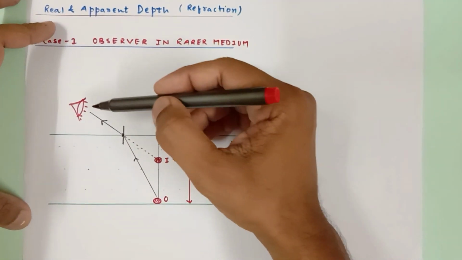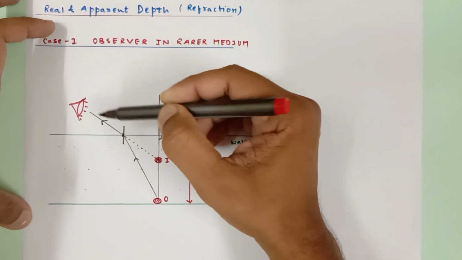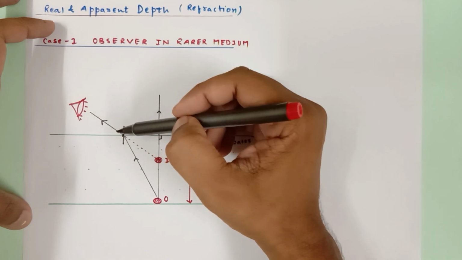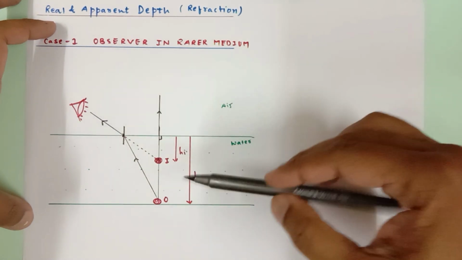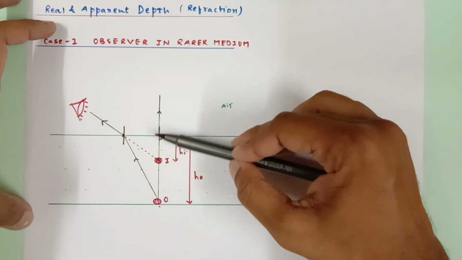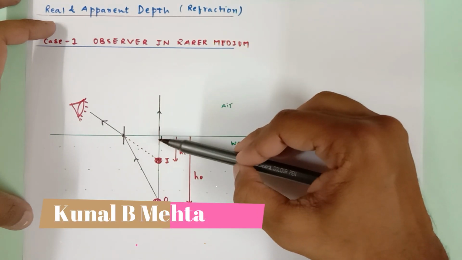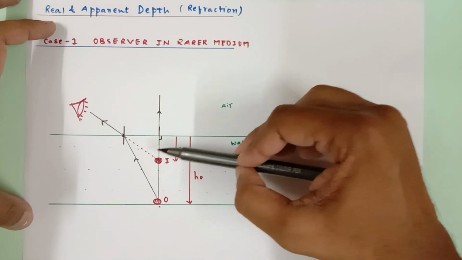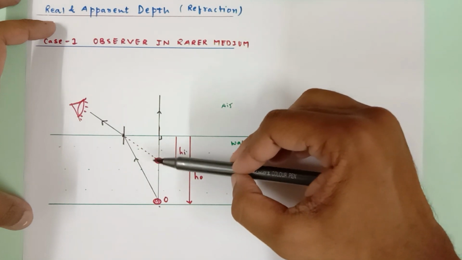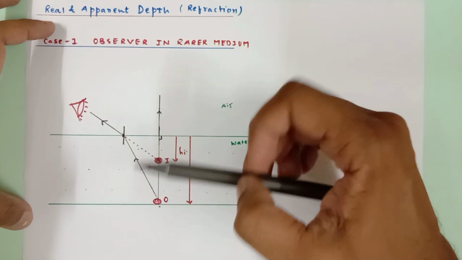Our eye and brain don't understand that this ray is actually a refracted ray coming from here. They feel that this ray is coming from an object situated over here. So actually, if you look carefully, the real object is very much below the surface of the water, but we still feel the image to be raised up. So this is a virtual image. There is nothing actually over here, we only feel the presence of the object over here, right, people?